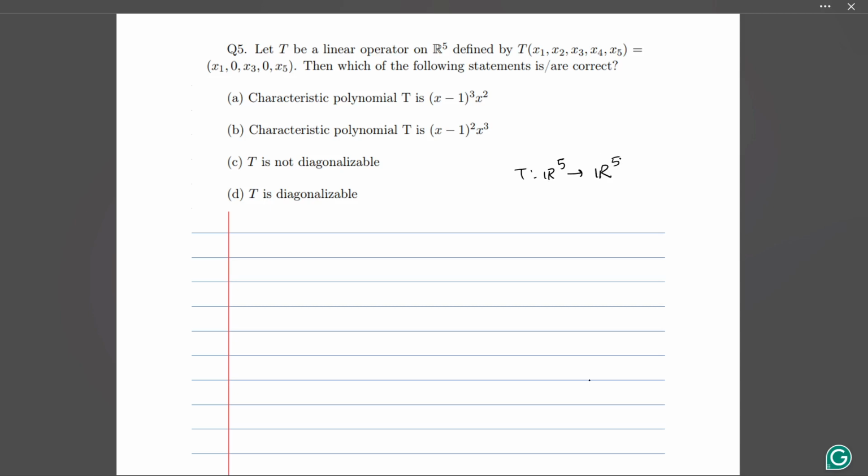So, which of the following statements is correct? What is the standard basis?